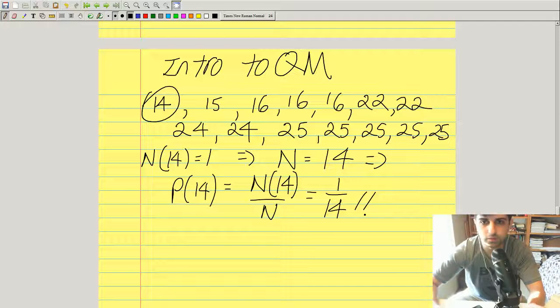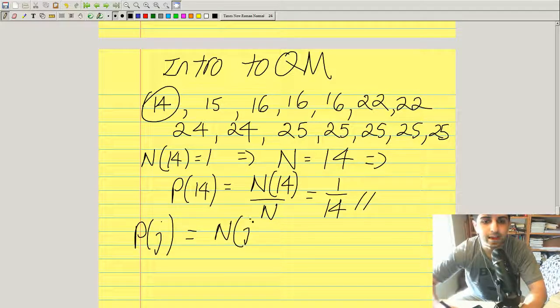Okay, and you can do this with the probability of drawing the age of 25. That would be 5 over 14. So in general, right, the probability of drawing a certain age, let's say j, is the number of elements at j divided by the total number of elements in the sample that you're considering.